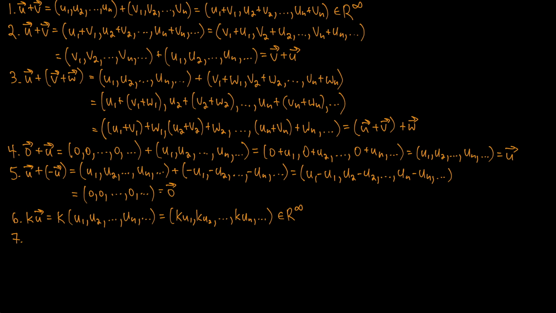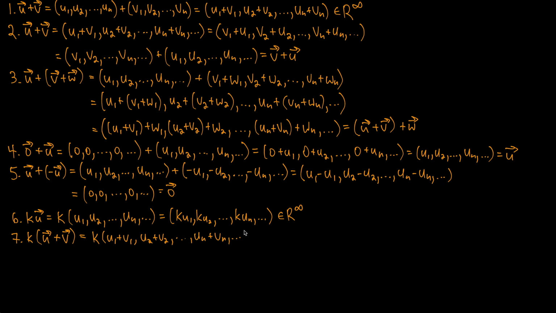It's an infinite sequence of real numbers still. But we take k times u plus v. I'm not looking at the components yet. And by the definition we were given, that's just k times u1 plus v1, u2 plus v2, and so on.